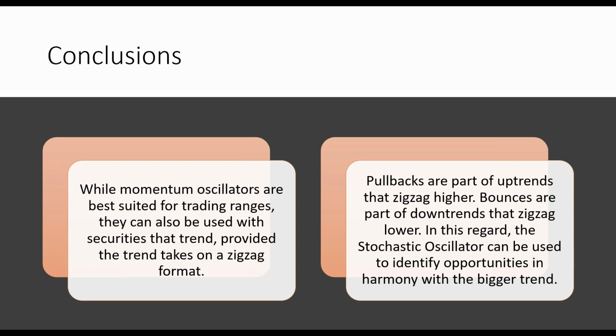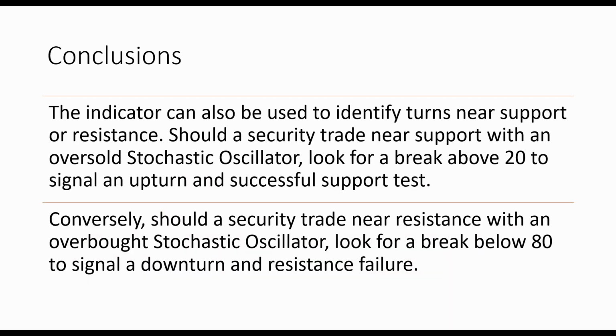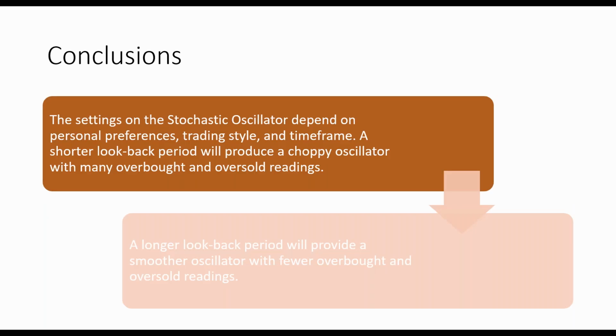Pullbacks are part of uptrends that zig higher. Bounces are part of downtrends that zag lower. In this regard, the stochastics oscillator can be used to identify opportunities in harmony with the bigger trend. So in conclusion, the indicator can also be used to identify turns near support or resistance. Should a security trade near support with an oversold stochastics oscillator, look for a break above 20 to signal an uptrend and a successful support test. Conversely, do the same with the 80.